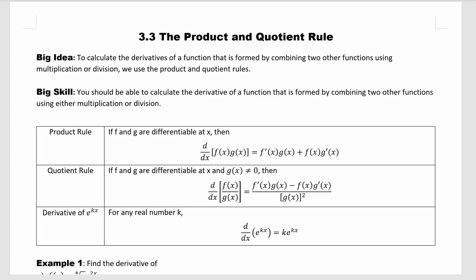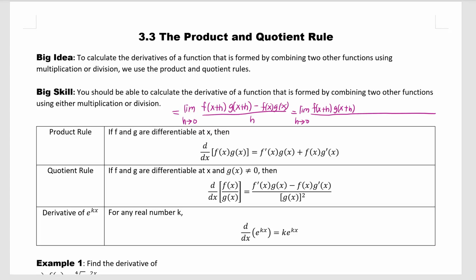So the derivative of the product equals the limit as h goes to 0 of f of x plus h, g of x plus h, minus f of x, g of x, all over h. Okay, so I'm going to change something. I'm going to subtract something and add that thing back.